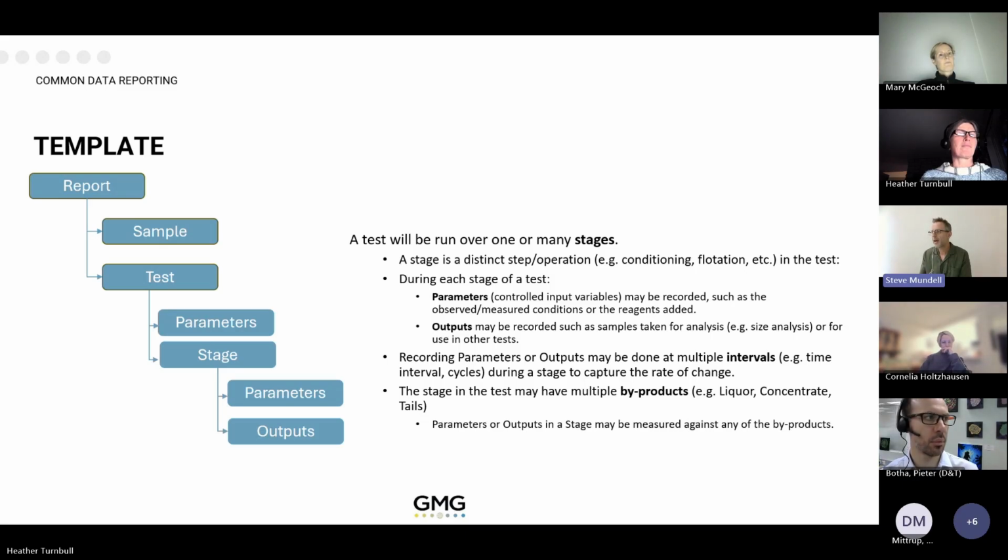And from that, at the end of that stage, there'll be outputs. And so those outputs might be things like the dry weight of products, for example, or masses, that type of thing. So it's what's the outcome of that stage. So again, just trying to break it down.